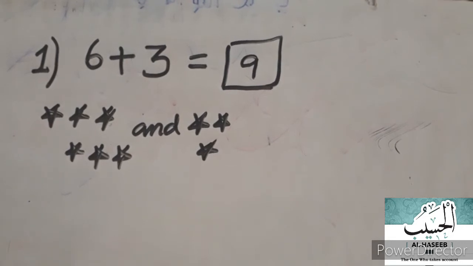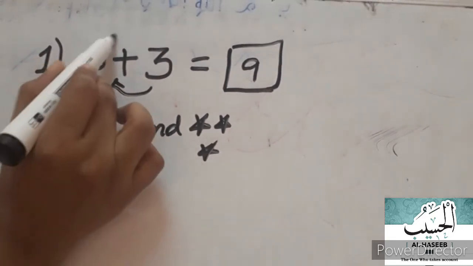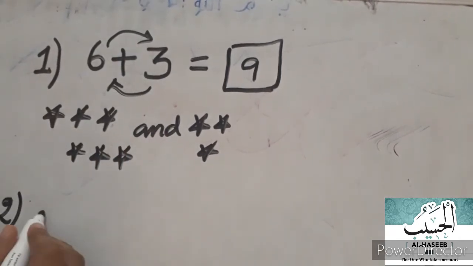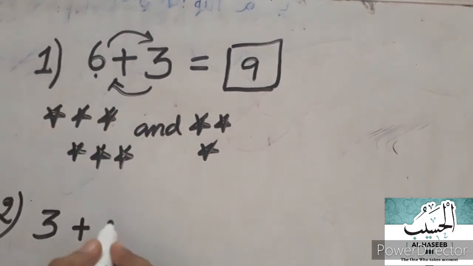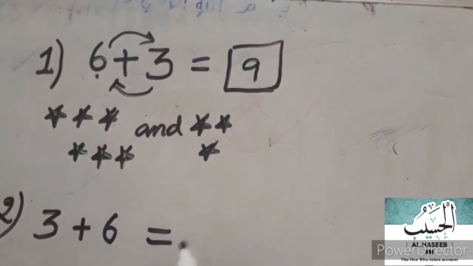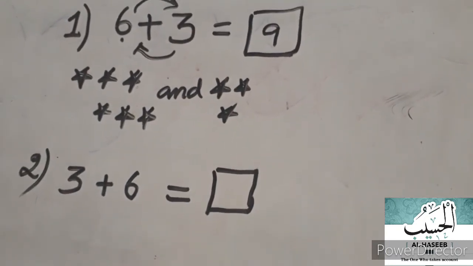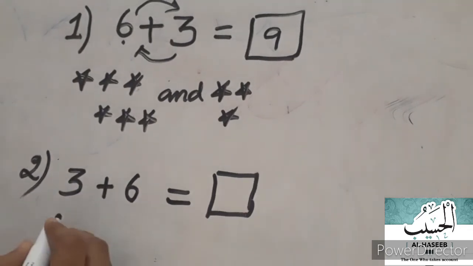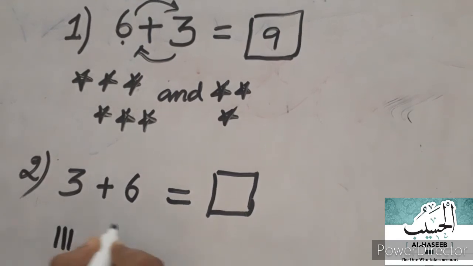Friends, now change the order. 3 in first place, 6 in second place. 3 plus 6, that is equal to, can we find out? Put 3 lines for 3 and 6 lines for 6.